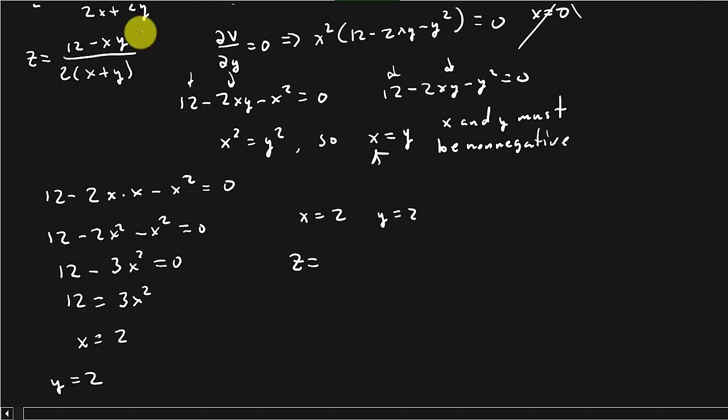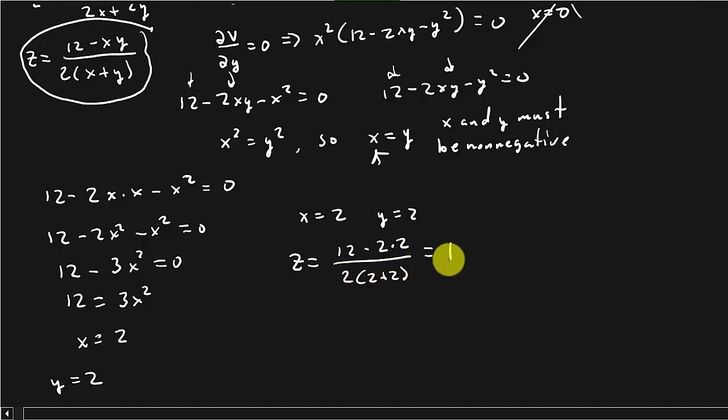Well, we take the 2's and plug them into this. So that's going to give us (12 minus 2 times 2) over (2 times 2 plus 2), which is going to give us a 1. And so the maximum volume is what? x times y times z, which is 4 cubic meters. And there you have it.